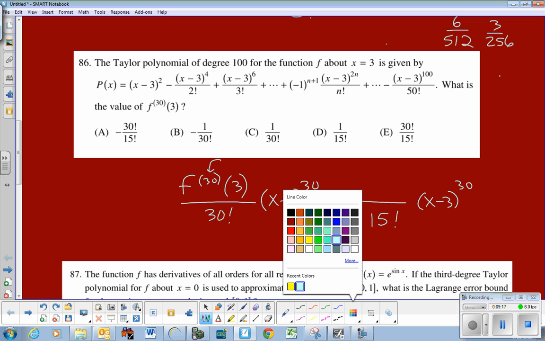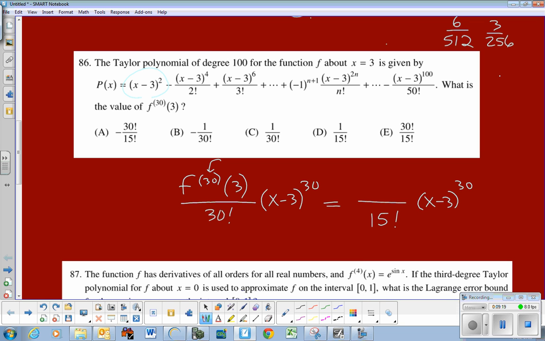My positive terms are 2 and 6, and I'm counting up by 4s: 10, 14, 18, 22, 26, 30. I literally did that a few minutes ago. There's probably more intelligent ways to figure out that 30 is positive, but that tells me that I have a positive 1 over 15 factorial.